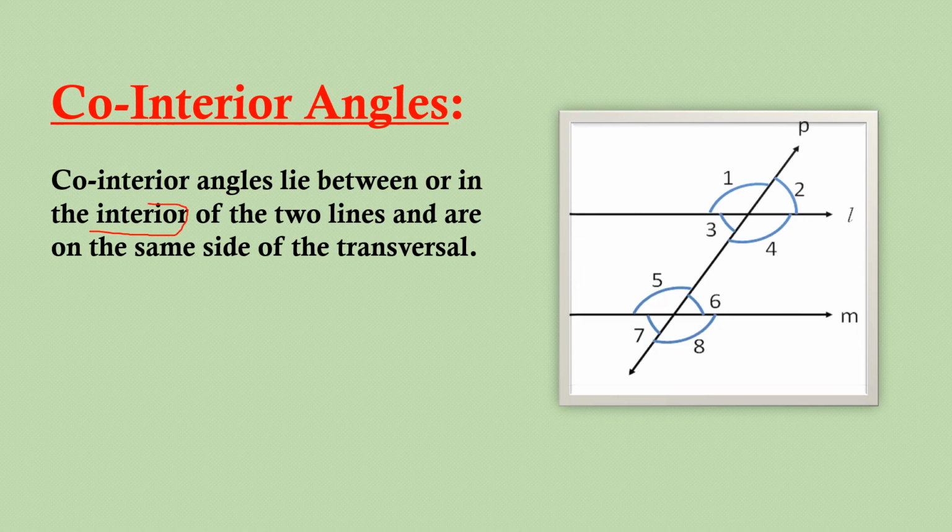Now what is written in the name co-interior? Interior. The name has interior in it, right? The name itself suggests it. It is in the interior. So co-interior angles will be in the interior of the two lines and they will be on the same side of the transversal. One, they will be in the interior.